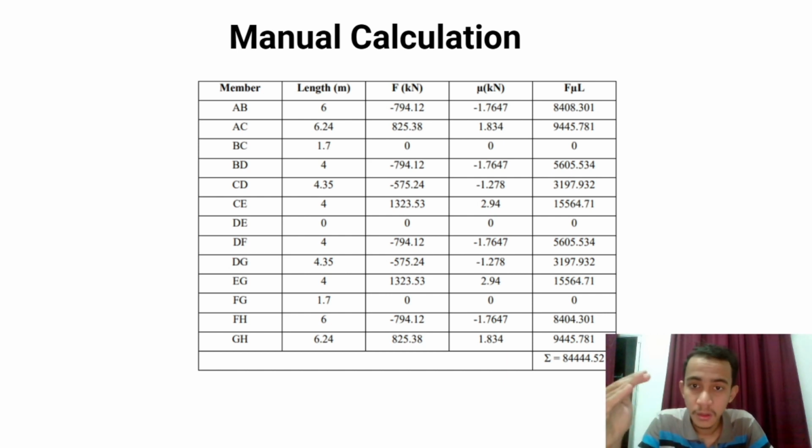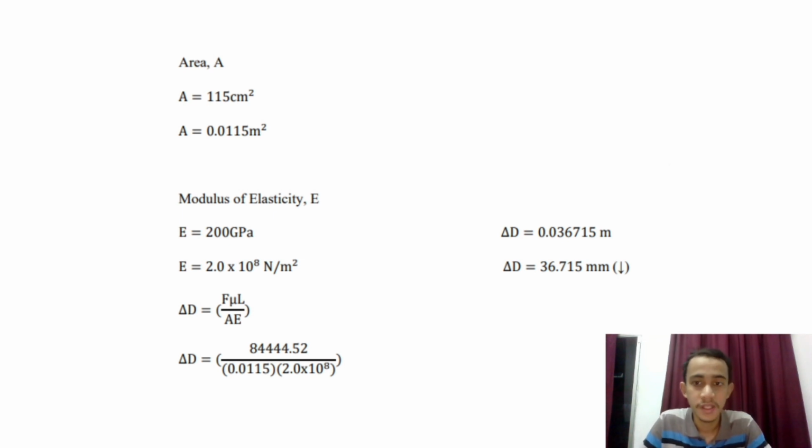So we need to total all of this, and then we can find the deflection. So the total for F multiplied by mu and L for all members is 84444.52. Okay, for this system, the cross section area for the member is 115 cm cubic.